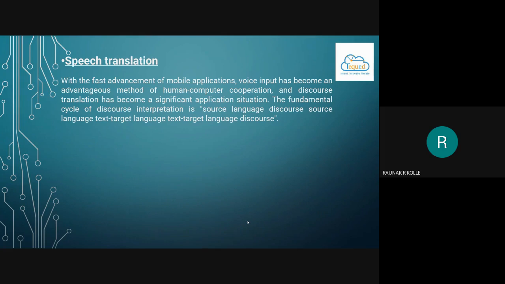In this cycle, automatic text translation from source language text to target language text is an important intermediate module. What's more, the front end and the back end likewise need automatic speech recognition, ASR, and text to speech models.